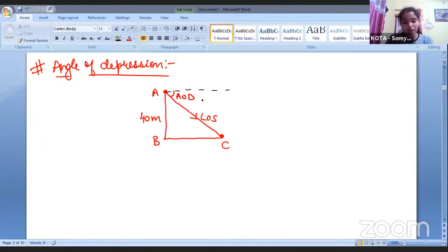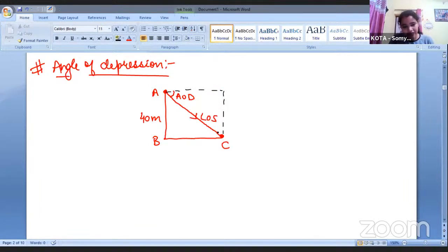One more thing comes over here, and what is that thing? Suppose I just draw it like this. You all might know this particular thing which I'm going to tell.